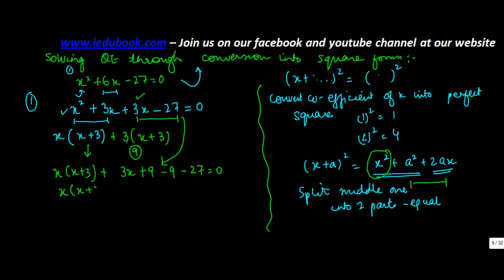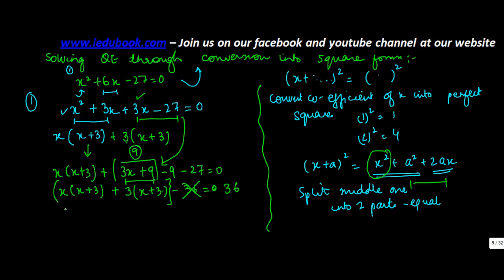This comes as it is. Plus, what this achieves for me is that I can take 3 common here, and what I get in the bracket for this part is x plus 3, and minus 36 is equal to 0. Now you can take 36 to the other side, so instead of 0 you get 36.